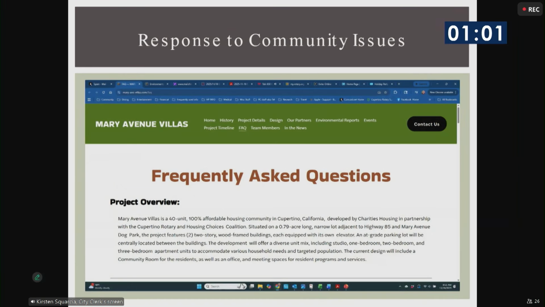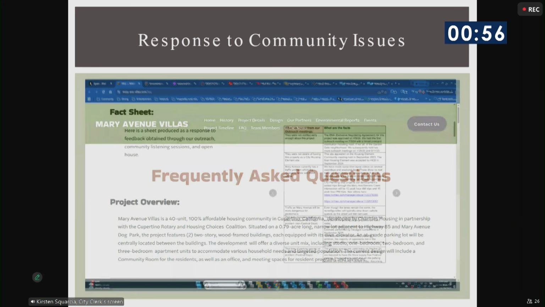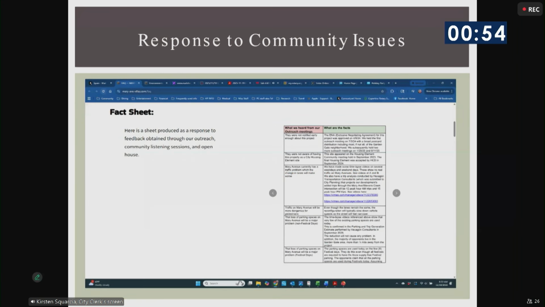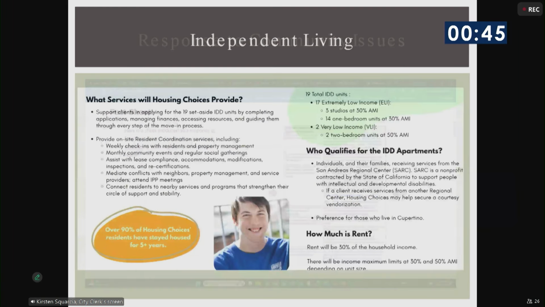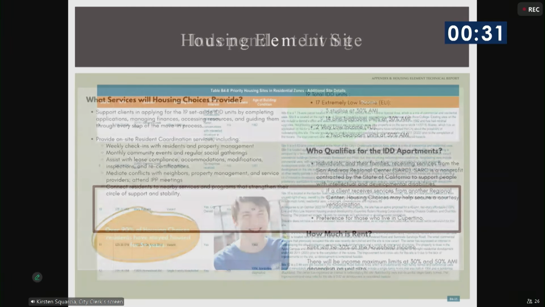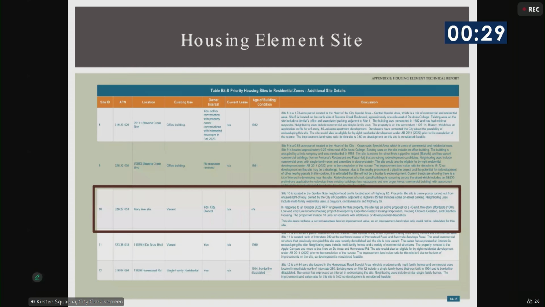That's the frequently asked questions site. Fact sheets next, you can show that. Including, by the way, time-lapse videos of Mary Avenue showing the traffic and the parking that's there today. One more. This addresses, again, on the frequently asked questions about what these people are going to be needing. They don't need daily people coming there or whatever. It's very independent living. And finally, I do not have to remind you, final slide about the housing element.